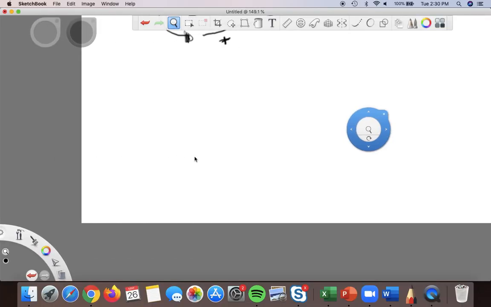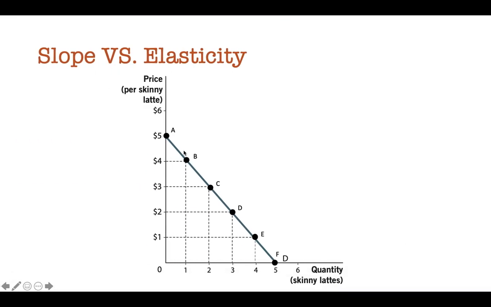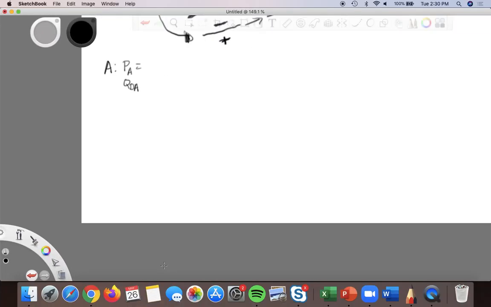So we're going to say the price at point A and the quantity demanded at point A. So at point A, the price is $5 and my quantity demanded is 0.